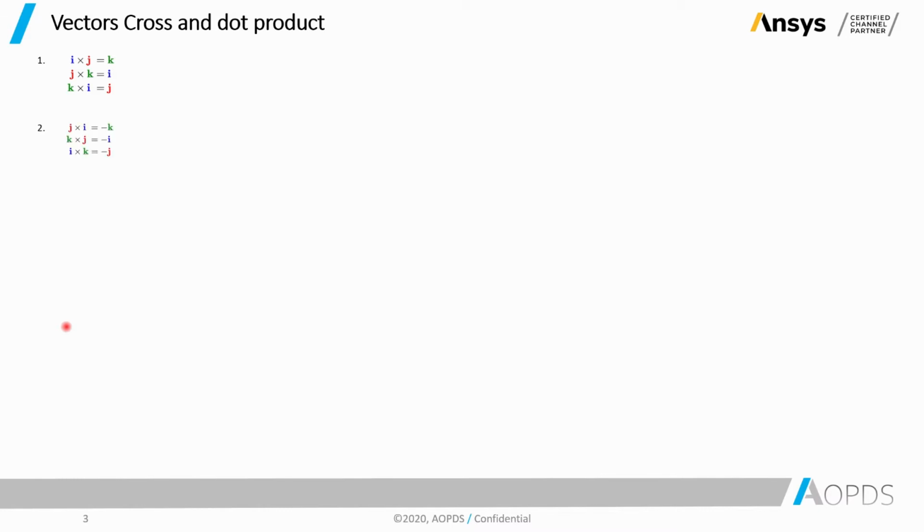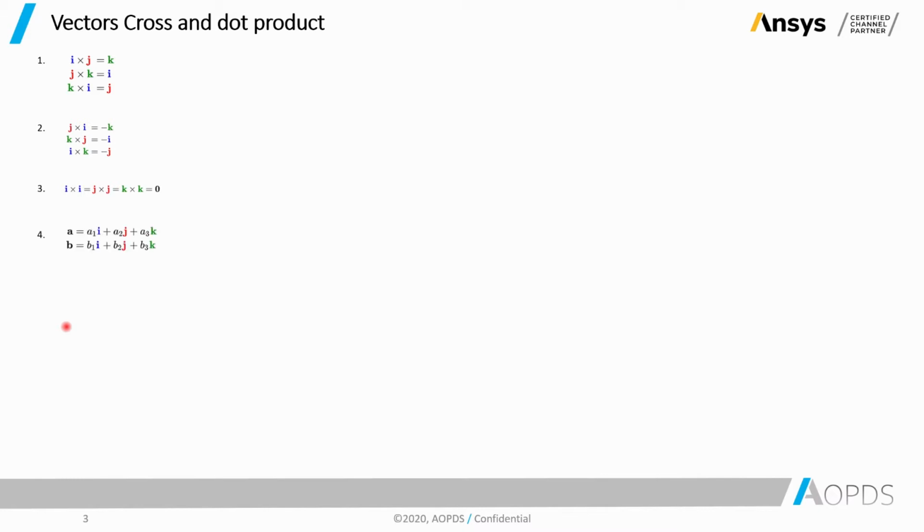And j cross i, k cross j, and i cross k is going to be minus k, minus i, and minus j, respectively. And the product of i cross i, j cross j, and k cross k is going to be 0 because the angle between the two vectors is 0.